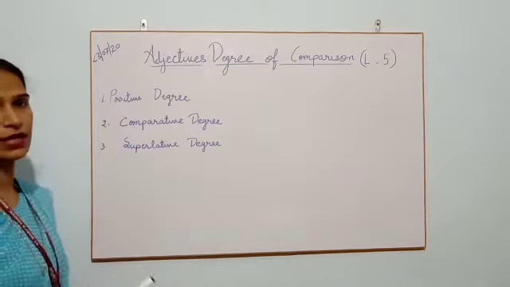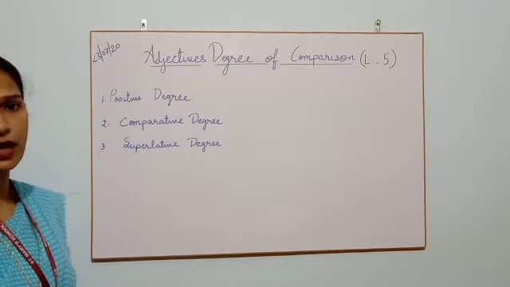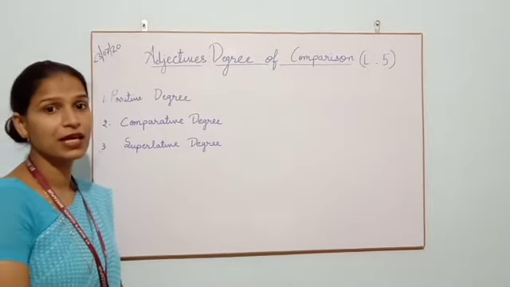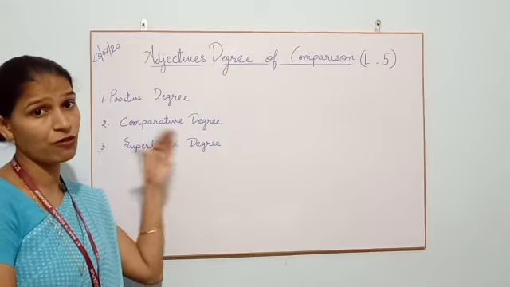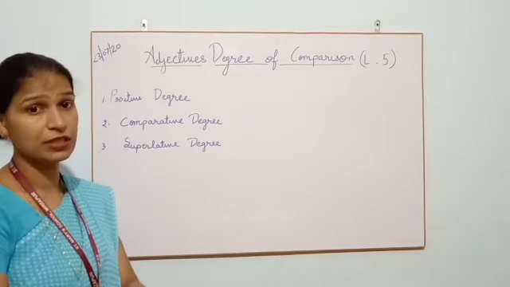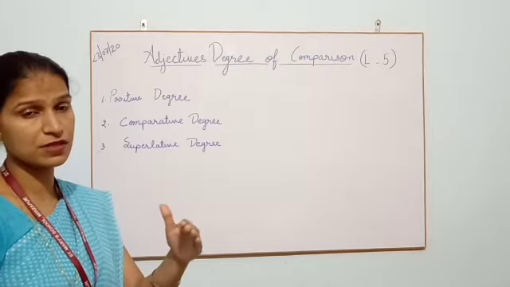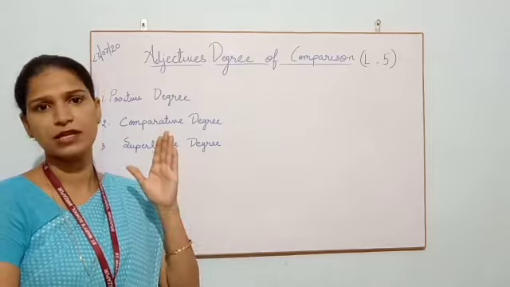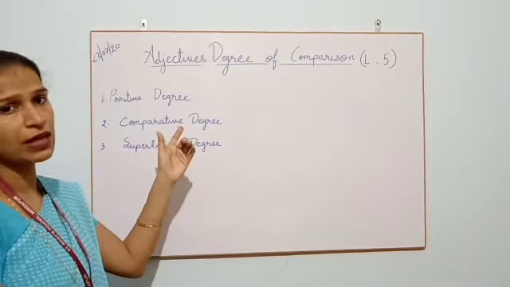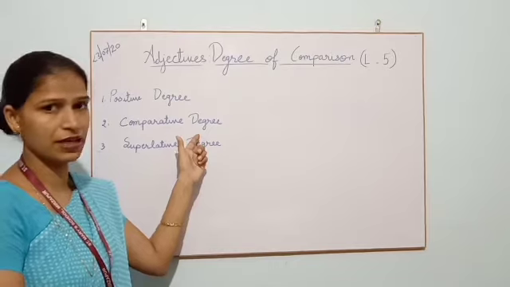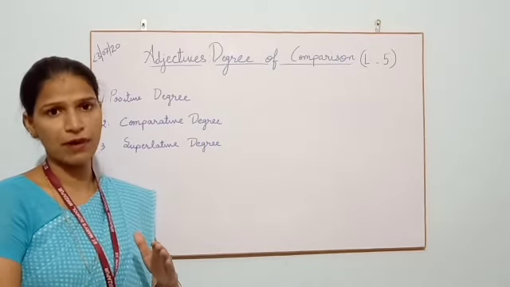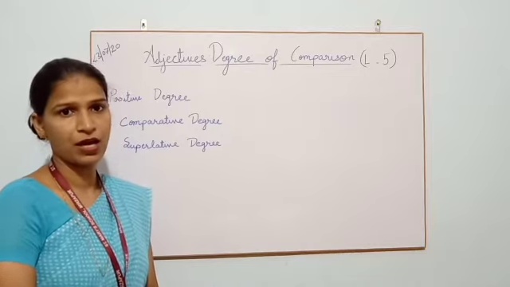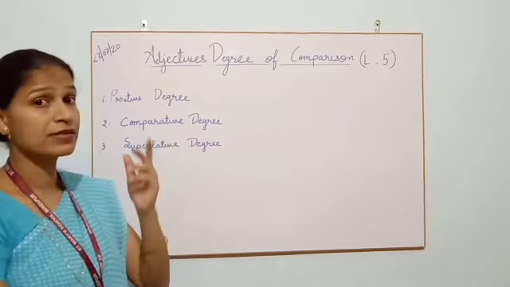Children, positive degree is the basic form of the adjective, which means no comparison is made in it. In examples of these kinds of statements, you will find no comparison is made. But when we come to the next one, comparative degree, it says that there is comparison, and the comparison is between two things.